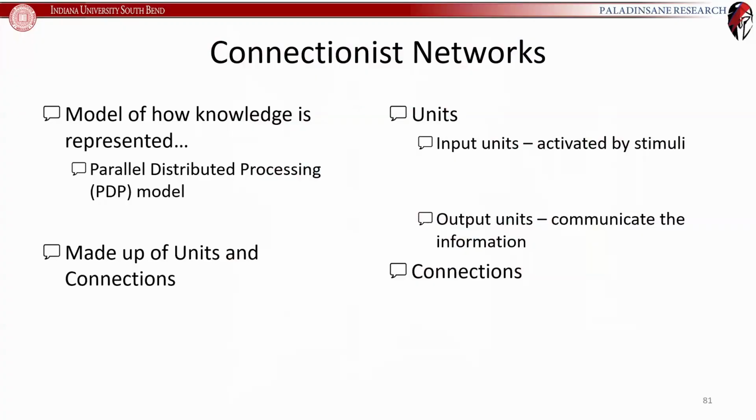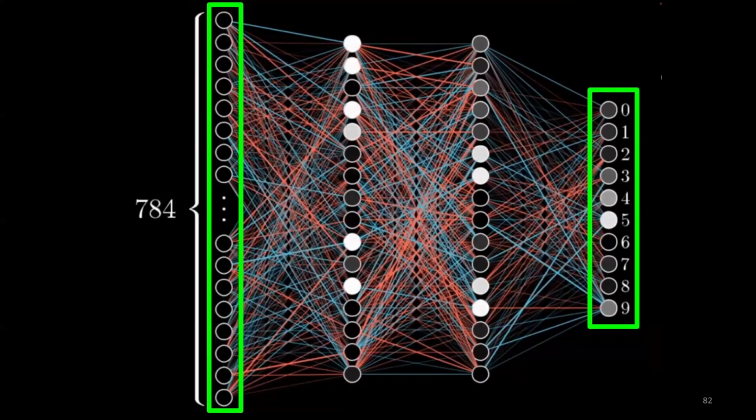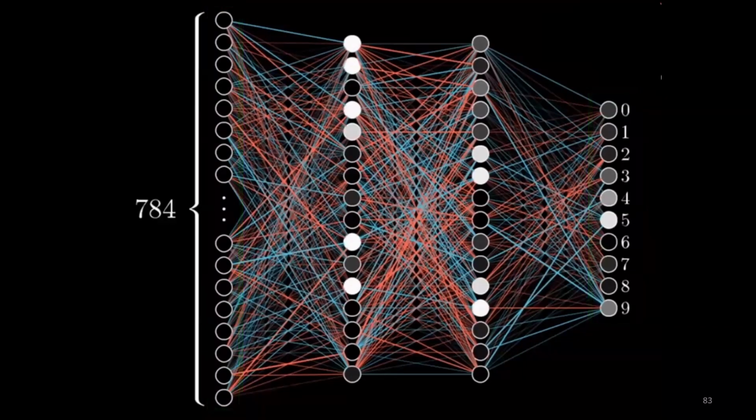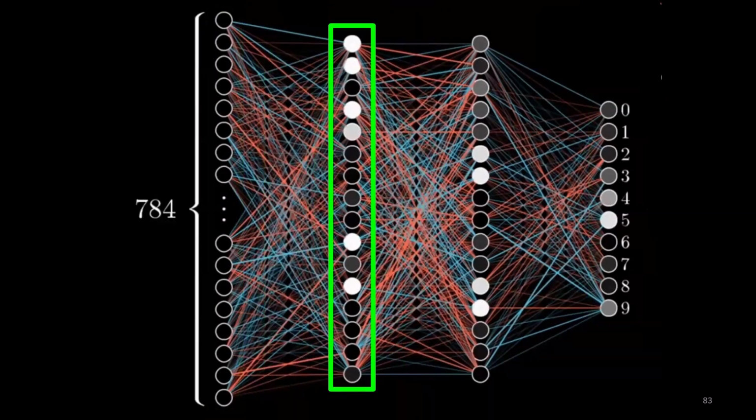The magic occurs, and I almost literally mean magic. The magic occurs in the hidden units. The hidden units are the ones that process the information. They are the ones that you don't typically see unless they're represented visually here. And these are the hidden units right here. That's one layer of hidden units.